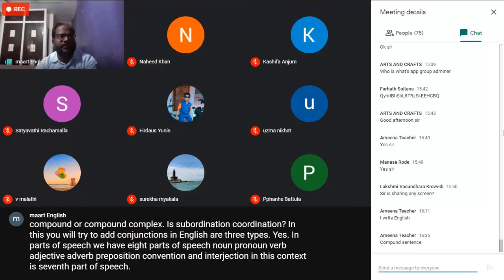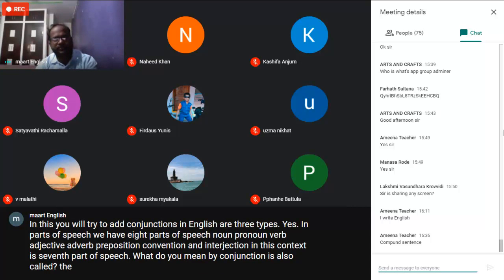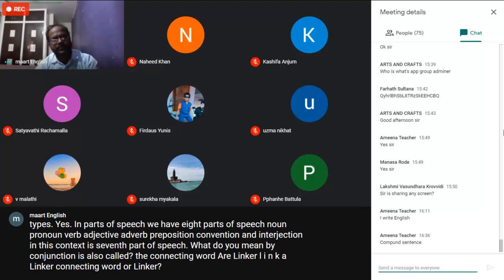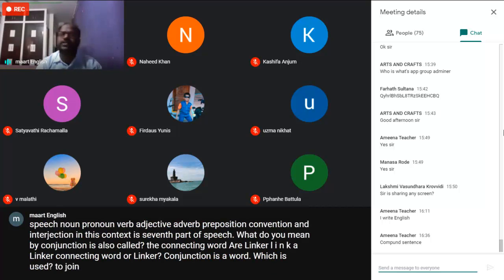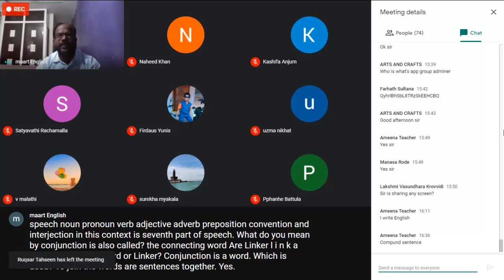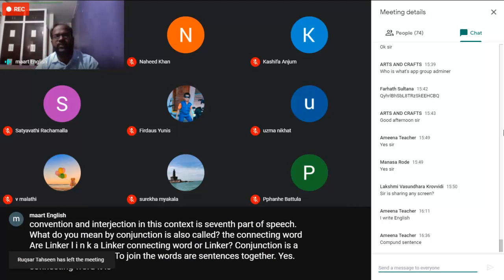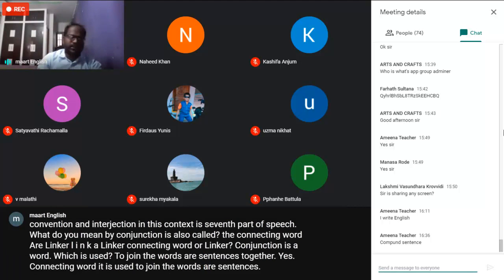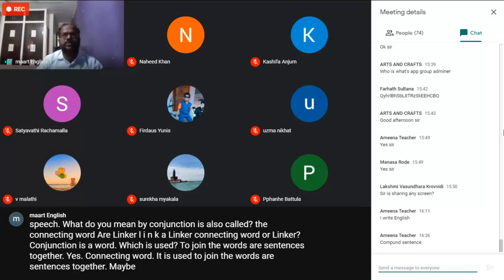Conjunction is also called the connecting word or linker. Conjunction is a word which is used to join words or sentences together. It may connect 2 nouns, 2 adjectives, or 2 sentences.